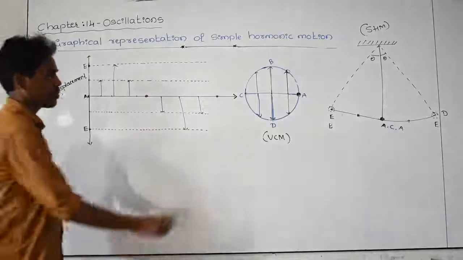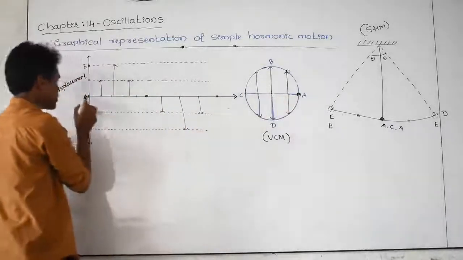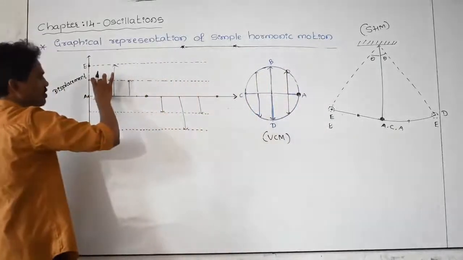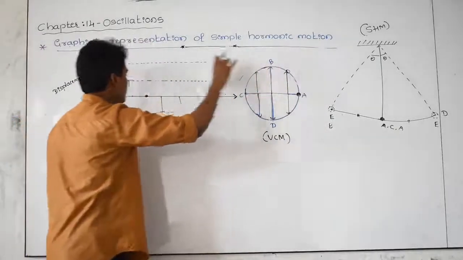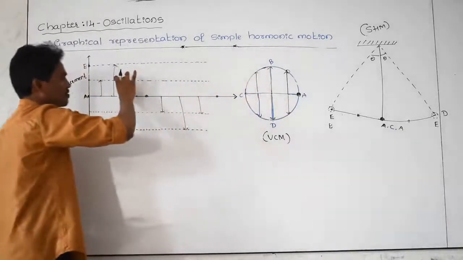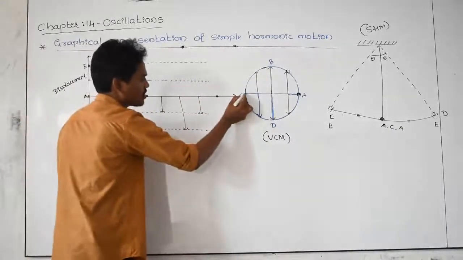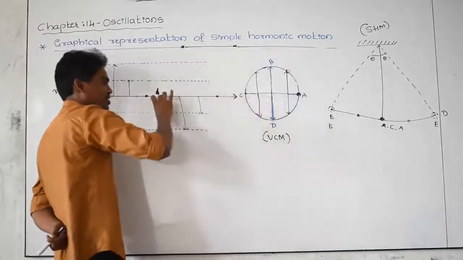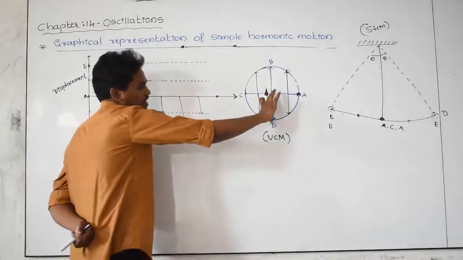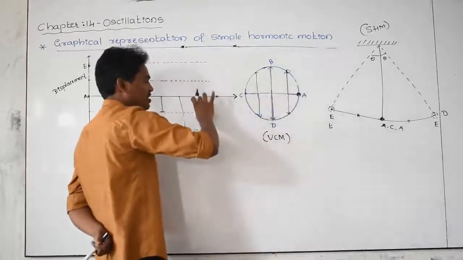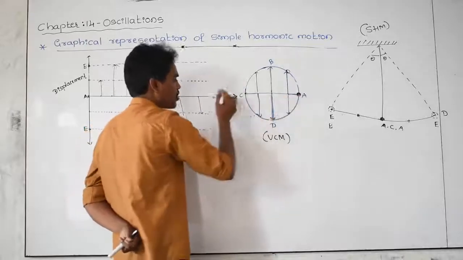And take the graph, displacement 0, then displacement, here maximum displacement, here again minimum displacement, again at this point displacement is 0, again displacement increases, maximum, again displacement decreases, displacement again at this point becomes 0.